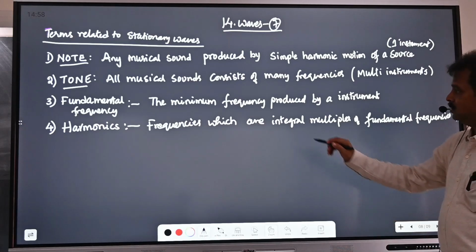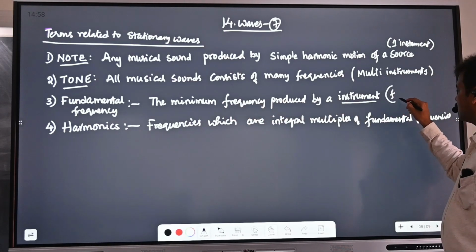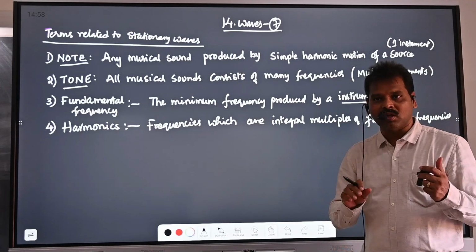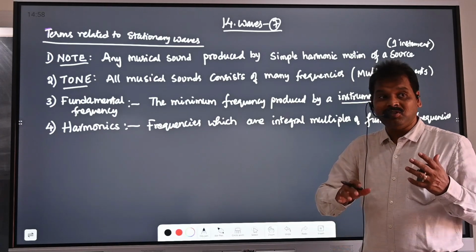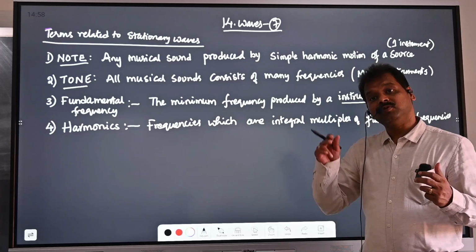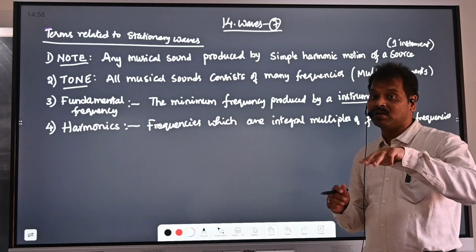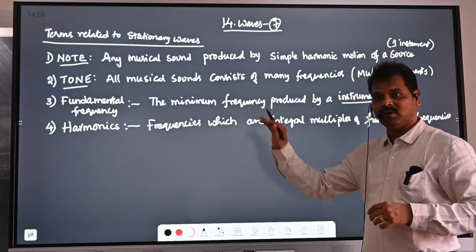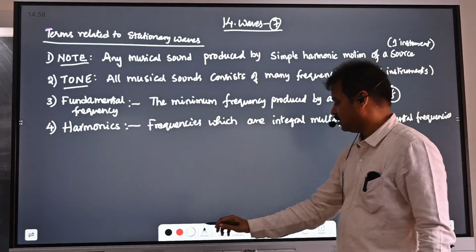Listen students, if the fundamental frequency of an instrument is F, let us say one guitar is producing 300 Hz. If you change the mode of vibration on the same guitar, the 300 Hz can be increased to 600, 900, 1200, 1500. We will learn how to increase that frequency. But those are called harmonics.